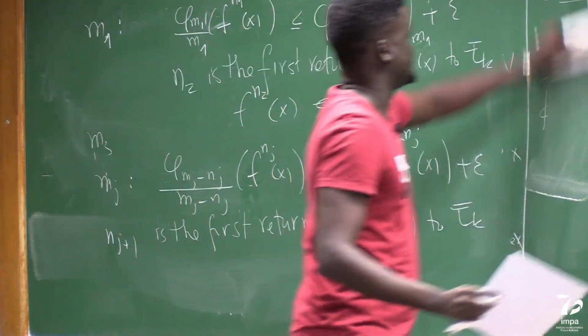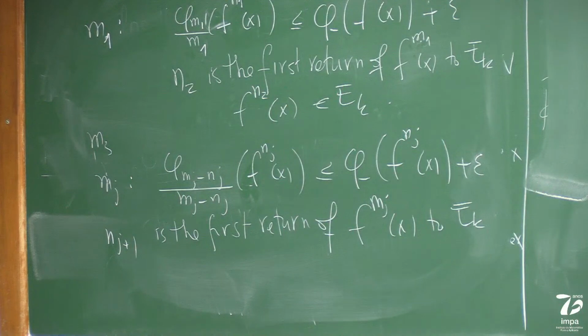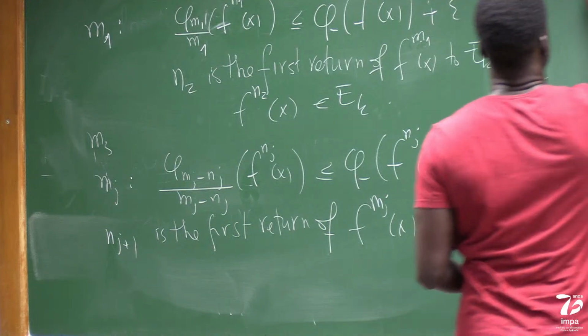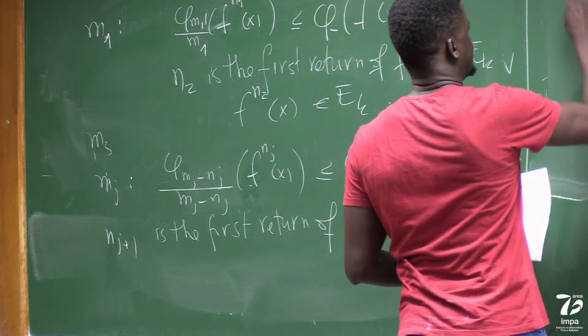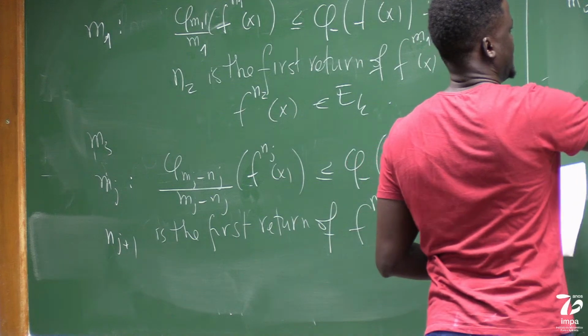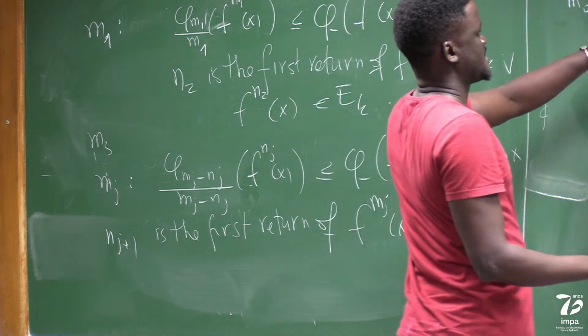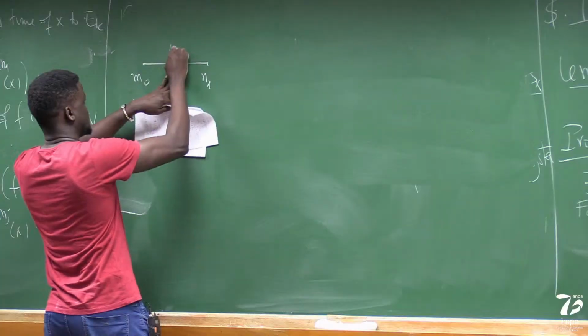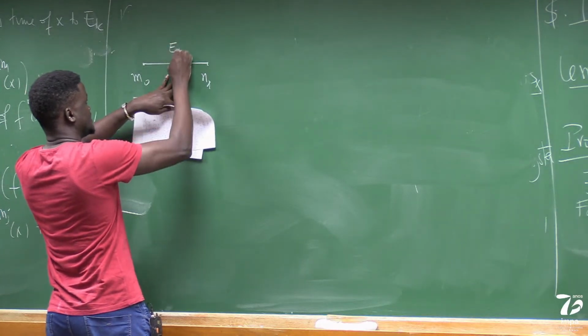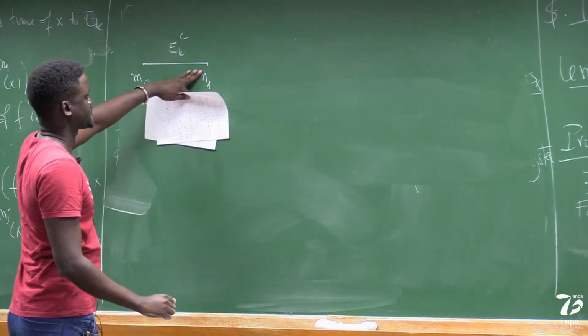Okay, let's draw a picture for this, just a diagram. So you have, this is m0, and n1 can be the same as n0. So this is the time you stay in E_k complement, you're outside.